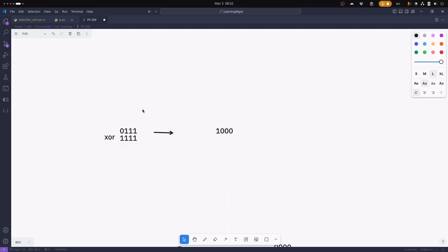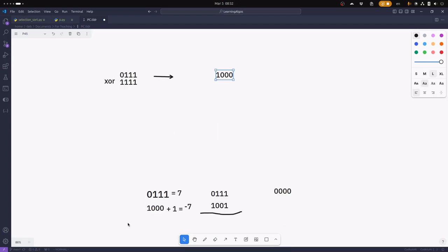See, this is 7, and this is 4-bit, and if we exclusive OR this 4-bit with 4 ones, then it will get flipped. And see, this is the flipped value we found after doing exclusive OR here, and here is also the flipped value that we did in our head.